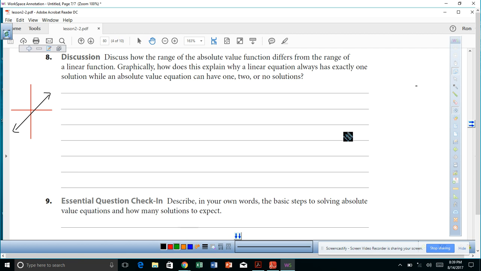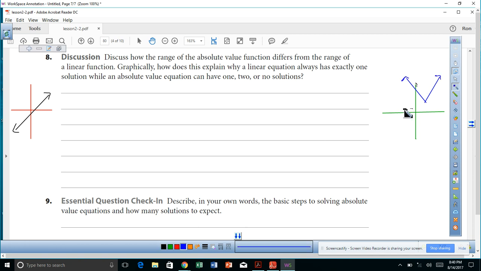Let's use green. All right, there's our absolute value equation.